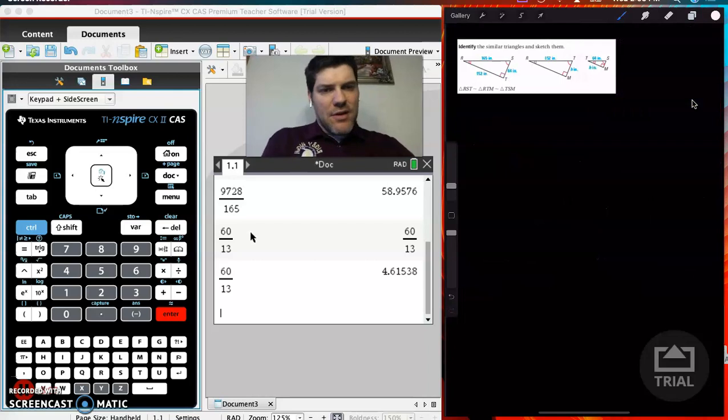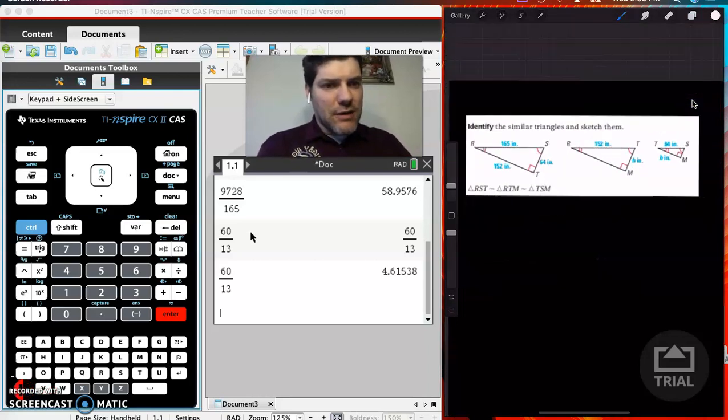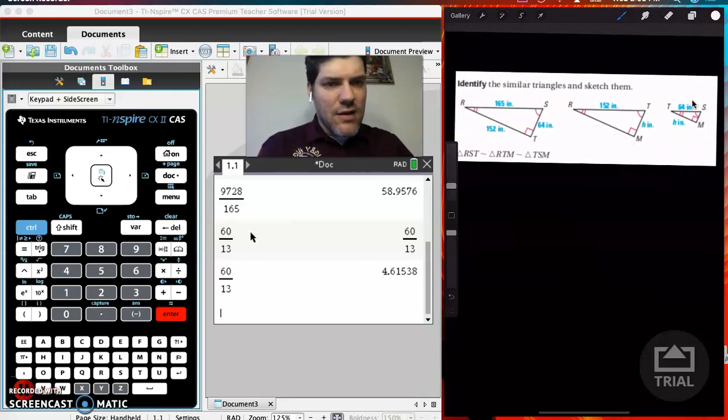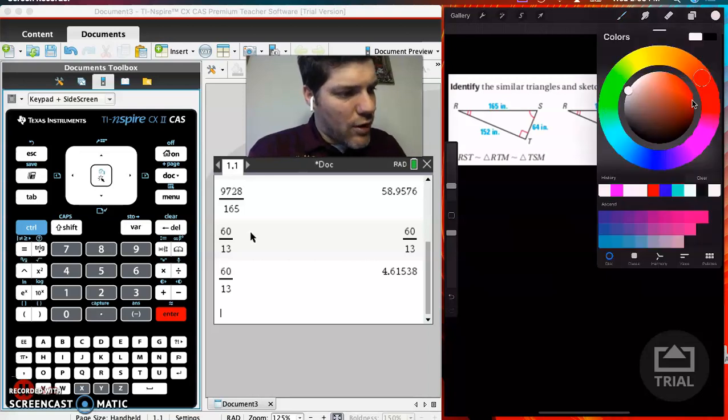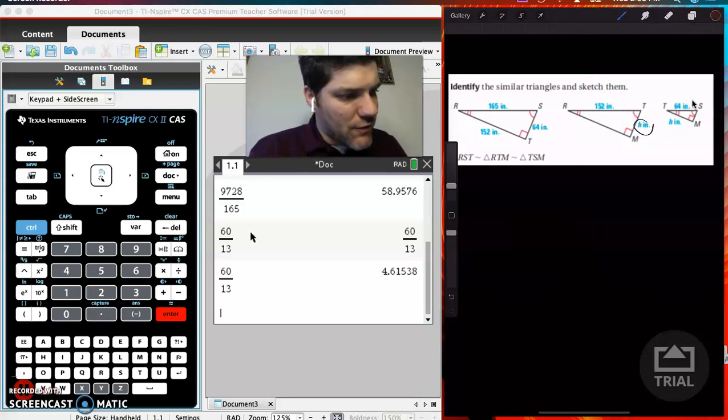So I've got an example here. I'll zoom in a little bit just so that we can see. There we go. So we have three triangles, and we want to identify similar triangles and sketch them. Technically speaking, this problem originally wanted us to look for H, so we're trying to solve for this. Notice we have some information to do that.